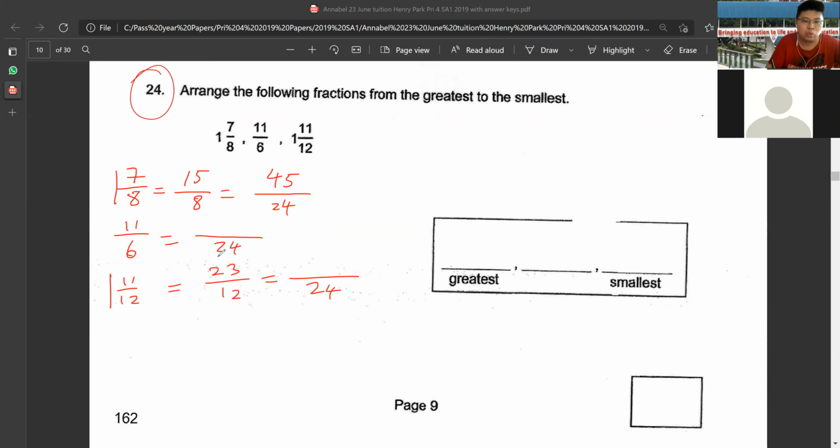How did I end up with 24? Times 4. Then what do you have? 44. Yes. And this one? 12 times 2, and 23 plus 23 equals 46. Okay, now you tell me, you can compare now, which one is the greatest?